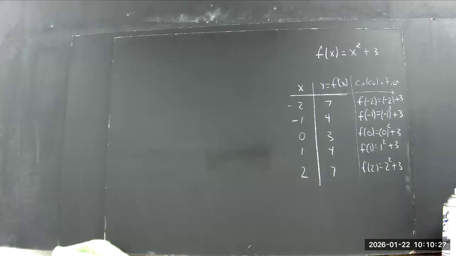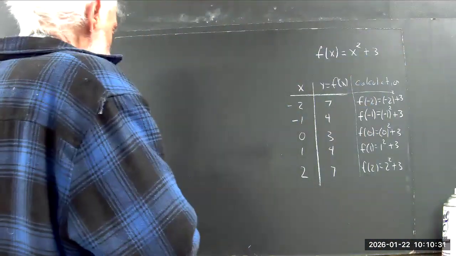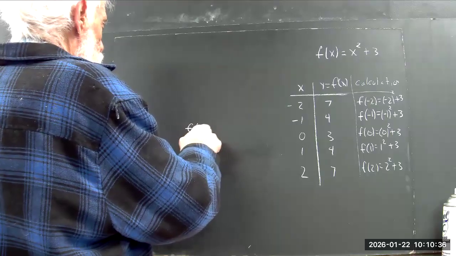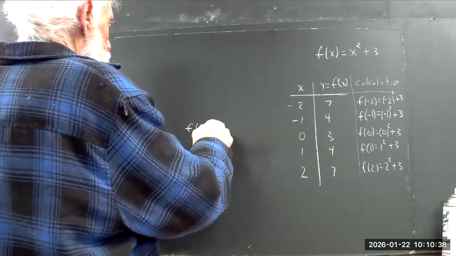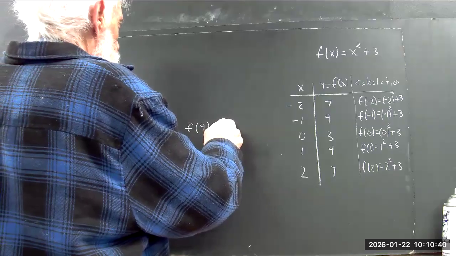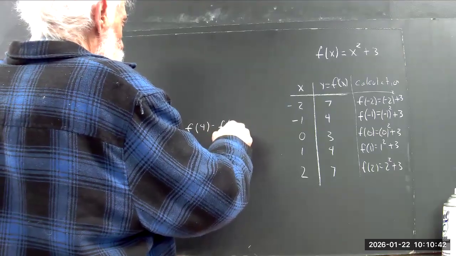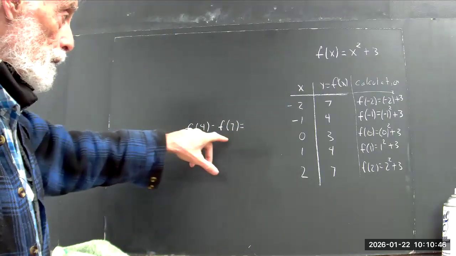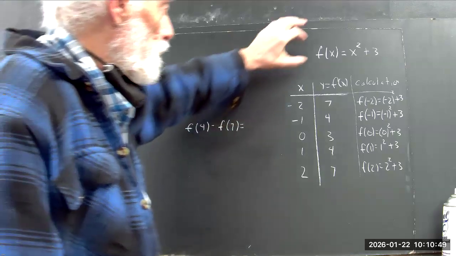I'm going to ask you to do one more with the function notation, then we're going to move on to something else. Tell me what you think f of 4 minus f of 7 is. And by this, I mean, you write this out, you plug the 4 and the 7 in.